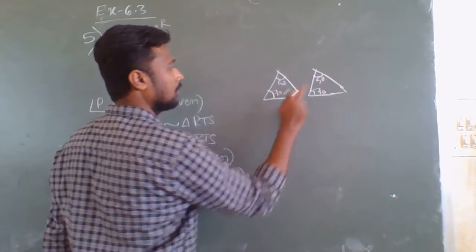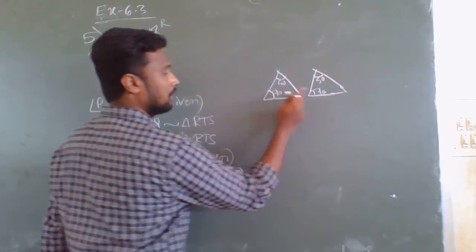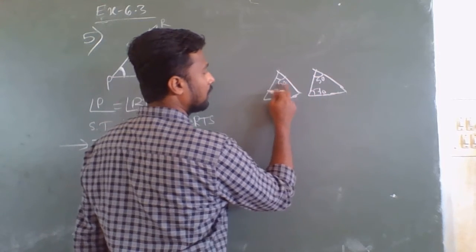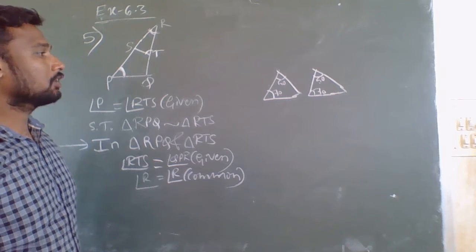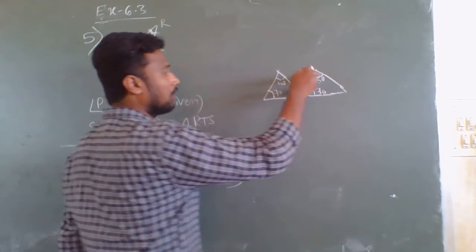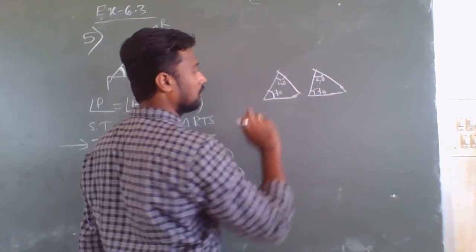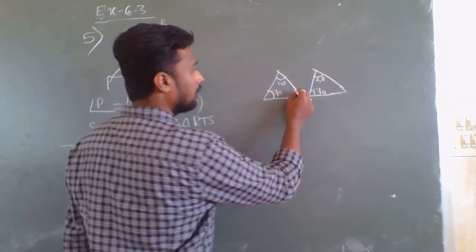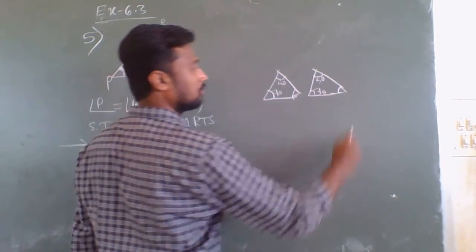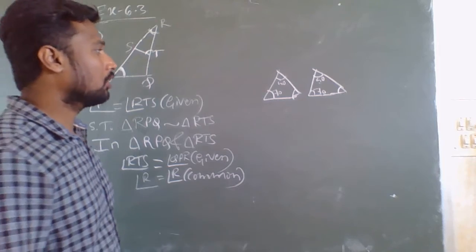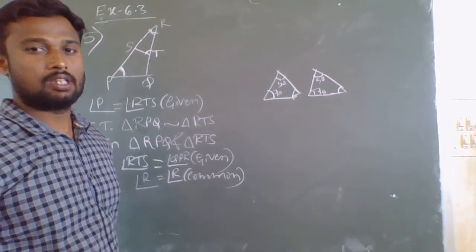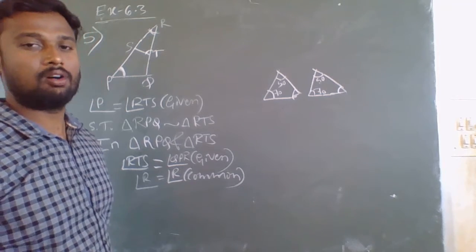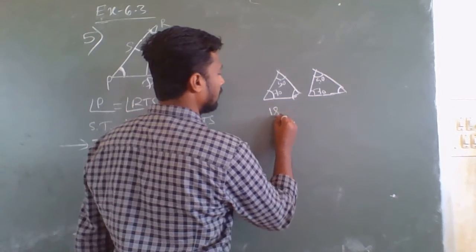Corresponding angles are equal. By the angle sum property, the sum of the interior angles in a triangle is always 180 degrees.